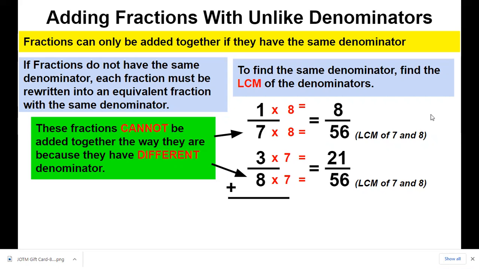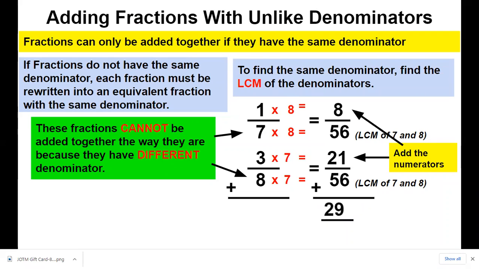Now I have the same denominators, the same bottom number, so I can add the top numbers. Remember, never add the bottom numbers together. So I'm just going to add the 8 and the 21. They are called the numerators. So 8 plus 21 is 29.